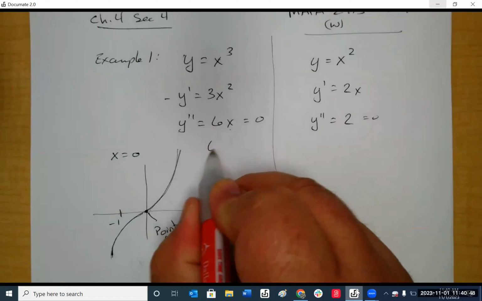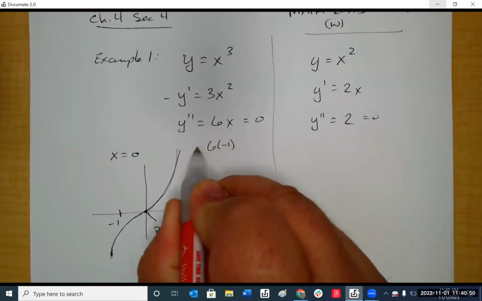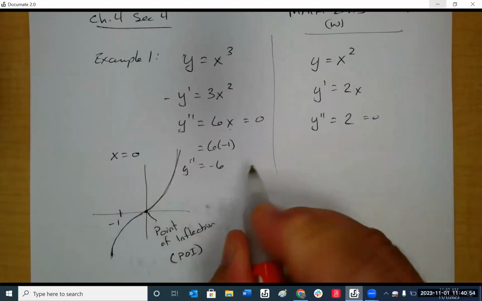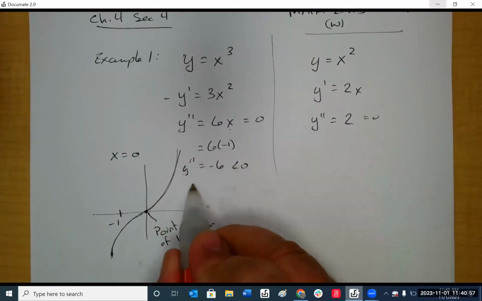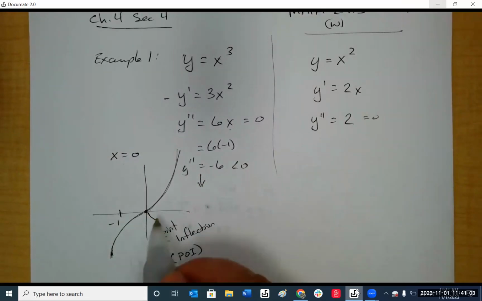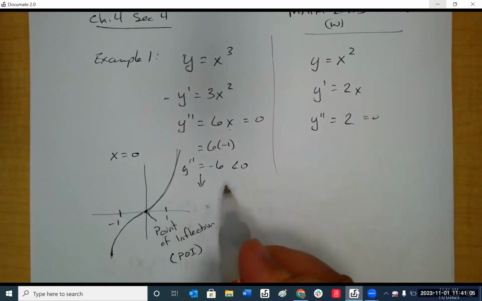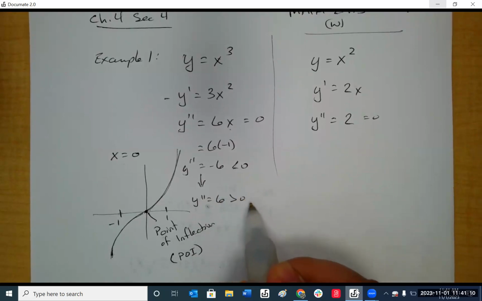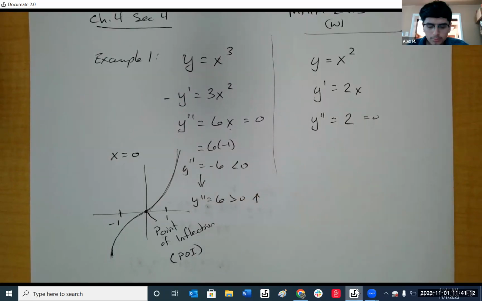If I put -1 in there, I get -6. Since the second derivative is less than 0, it's concave down. And likewise, on the other side, at 1, the second derivative is +6, it's greater than 0, so it's concave up.